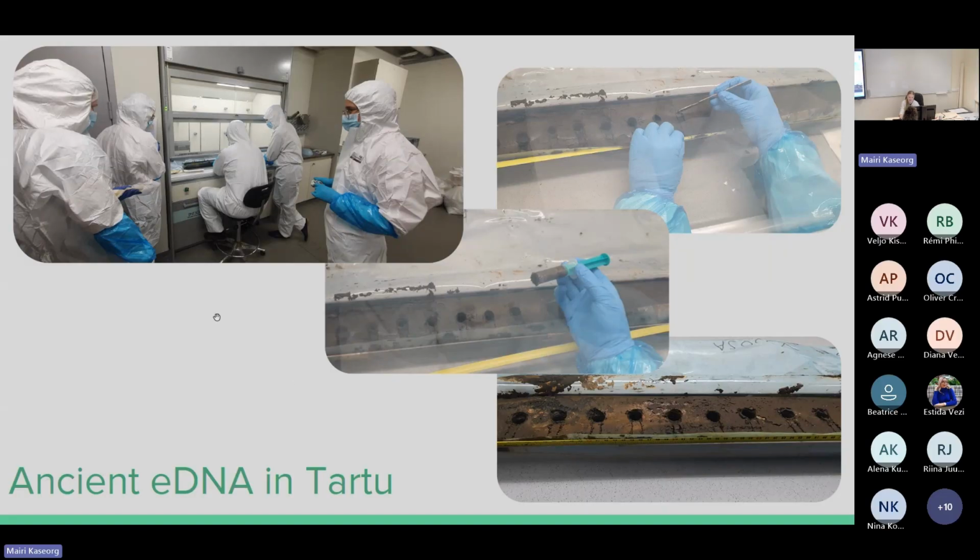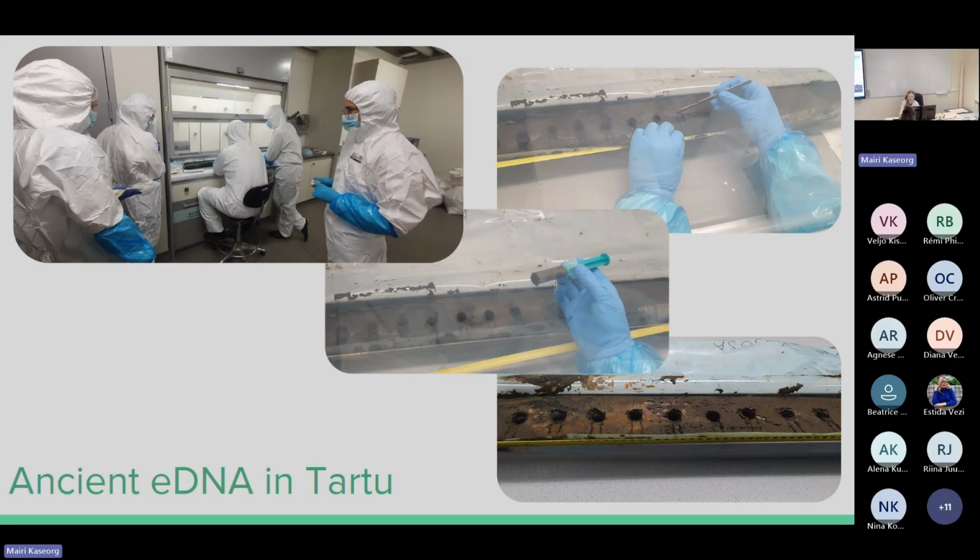We went to the geology lab with a big team because we were all excited to see how to do this for the very first time. We took samples from the sediment cores every few centimeters.